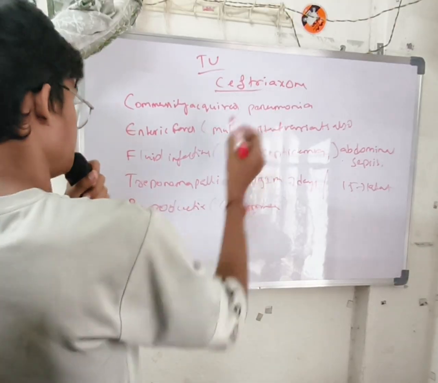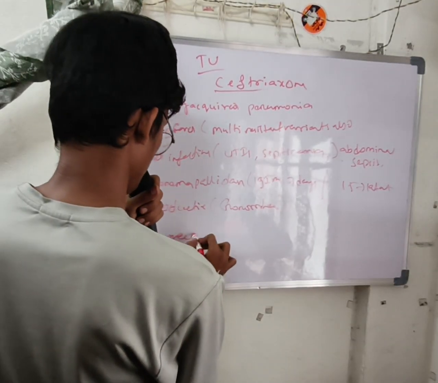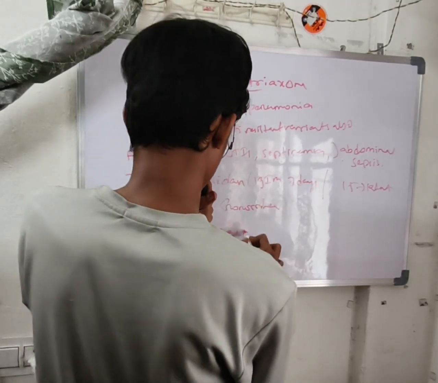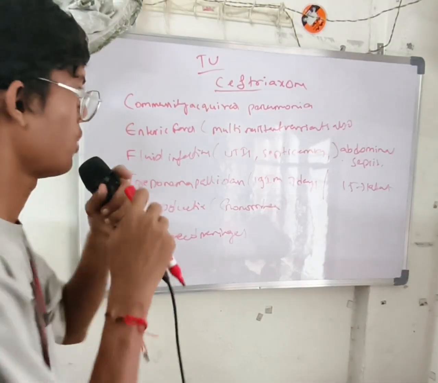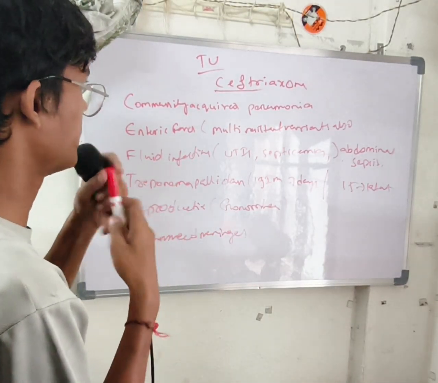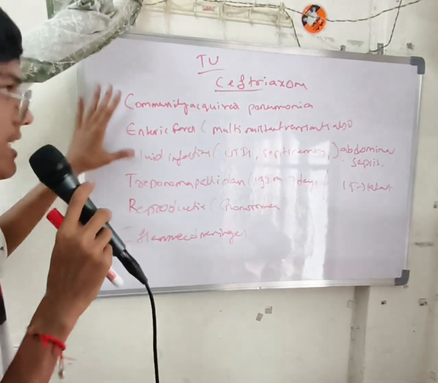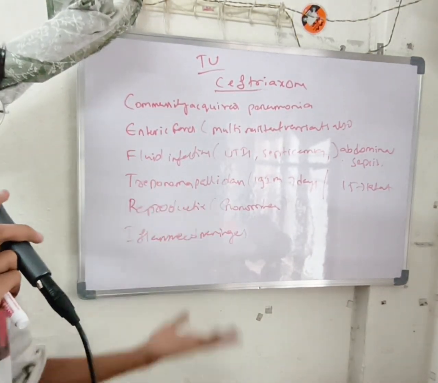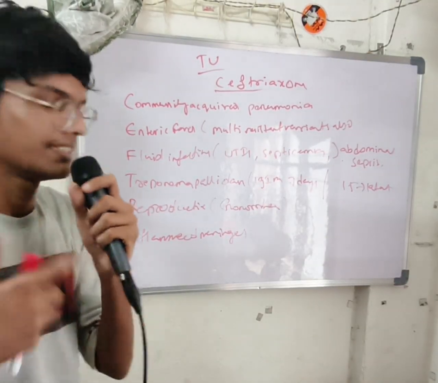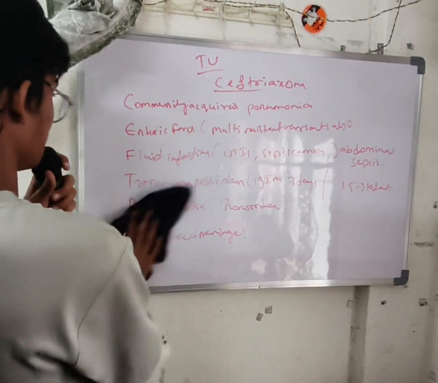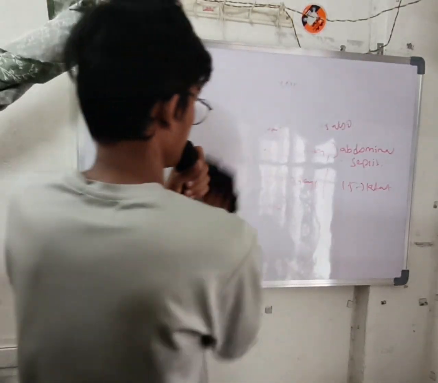And you can also take I, that is inflamed meninges, we can use it. So we wrote the drug name ceftriaxone, and from the drug name itself we are taking all the information we want to write in the exam. This is a more interesting way to read, and we can easily remember it. These are the therapeutic uses.